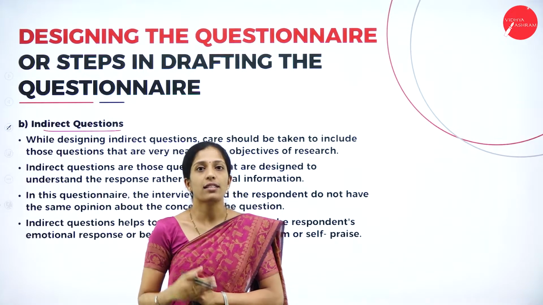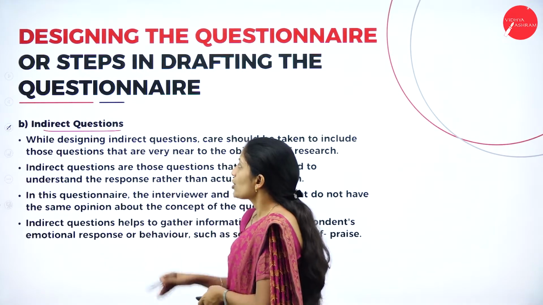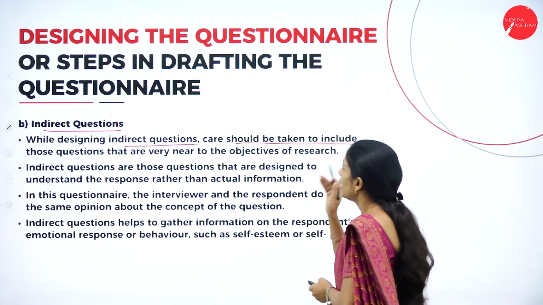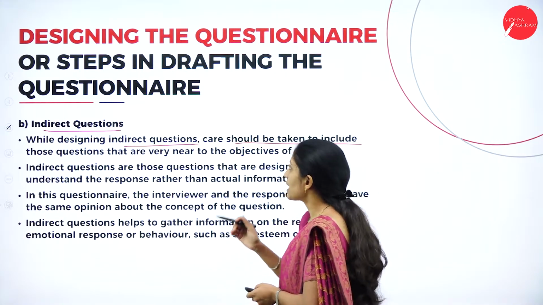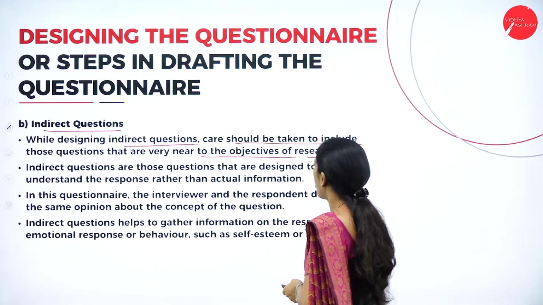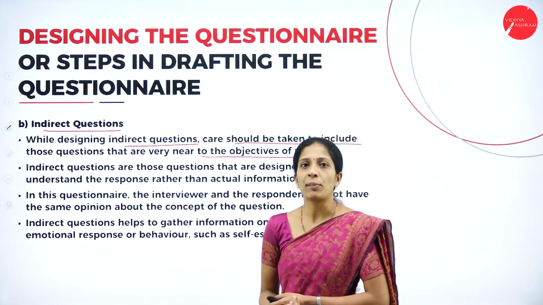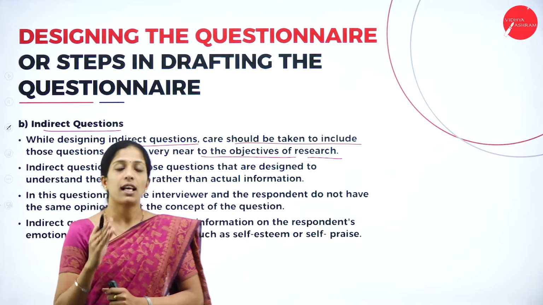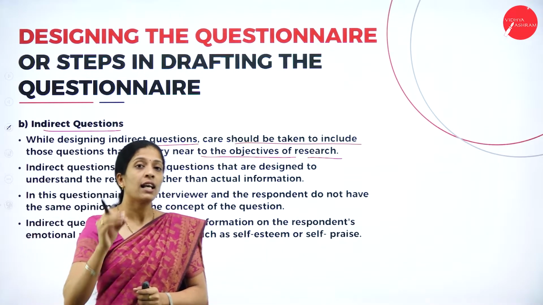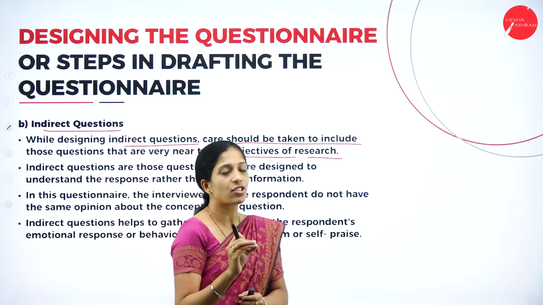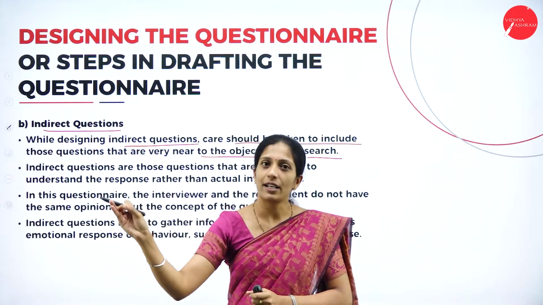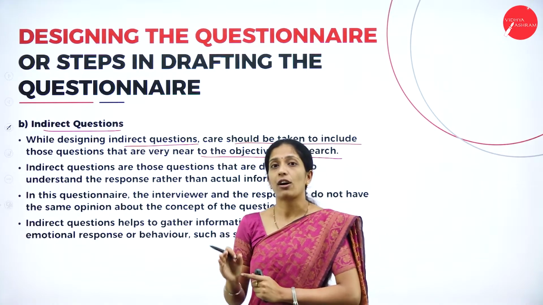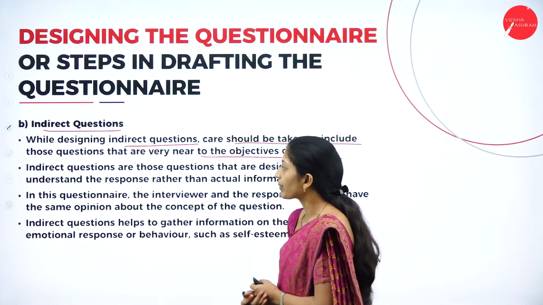While designing indirect questions, care should be taken to include those questions that are very near to the objective of the research. Whatever the situation, if he wants to collect in-depth information, the researcher has to make sure the questionnaire is framed in such a way that it is related to the objective of the research activity.